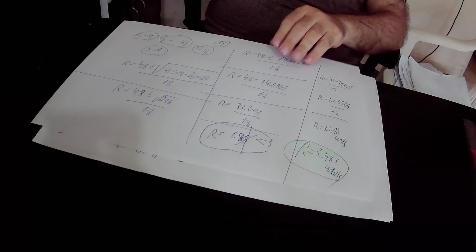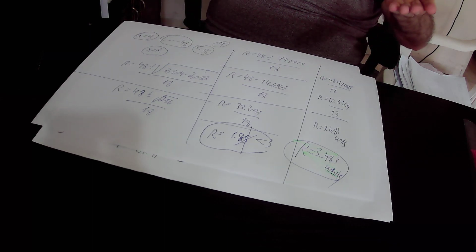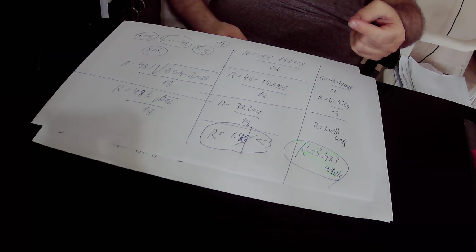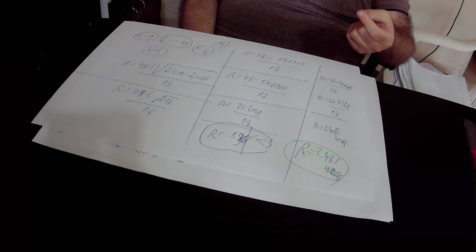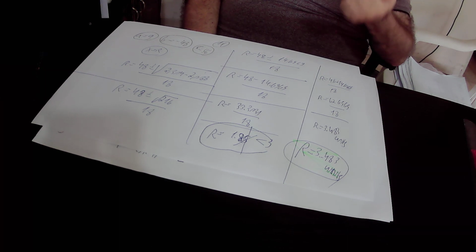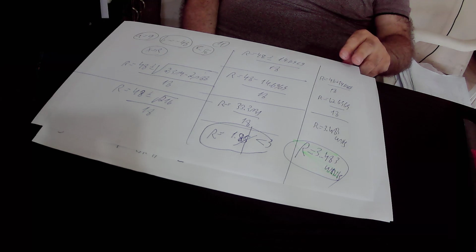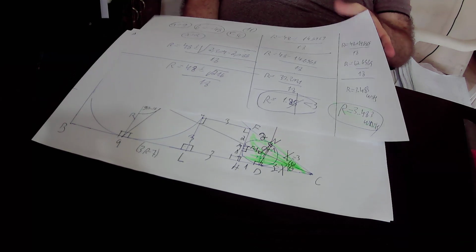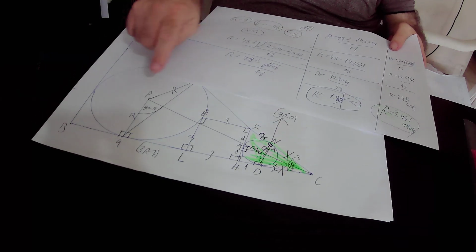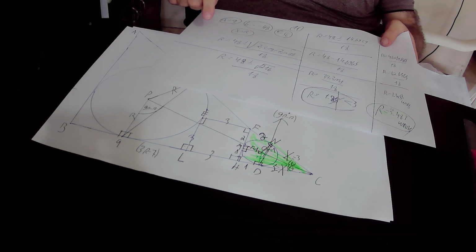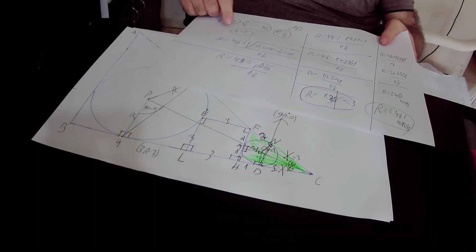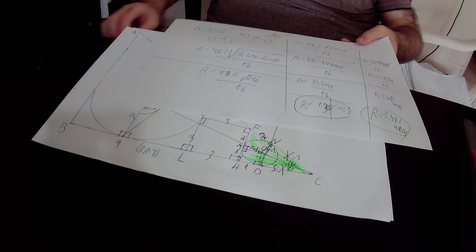So we found out that the radius of the big circle is greater than 3 units, and according to our analysis, it is absolutely possible that the radius is greater than 3 units. In conclusion, the radius of this big circle is equal to 3.483 units. Thank you very much.